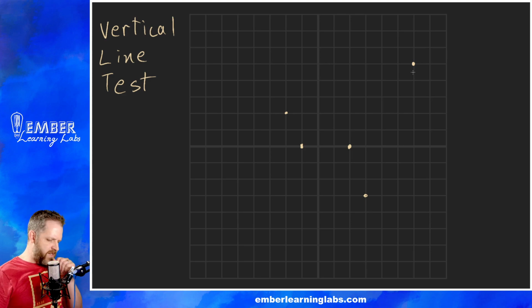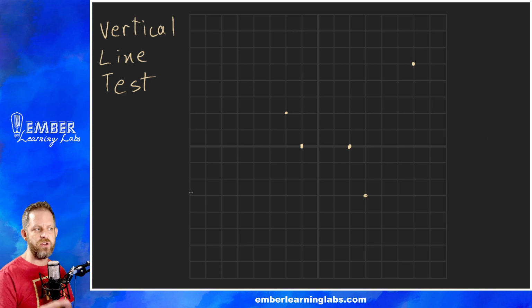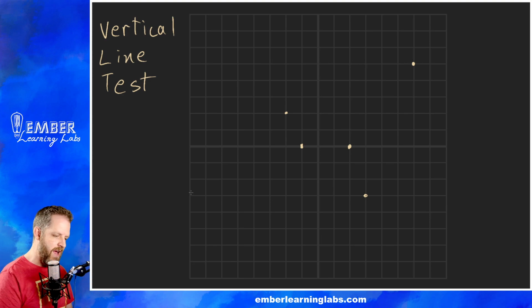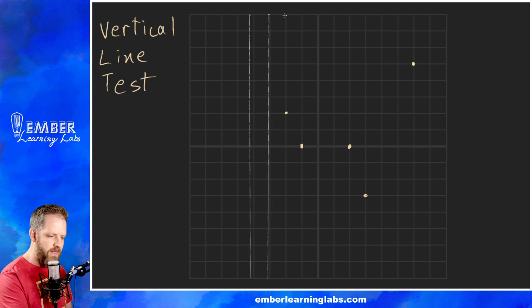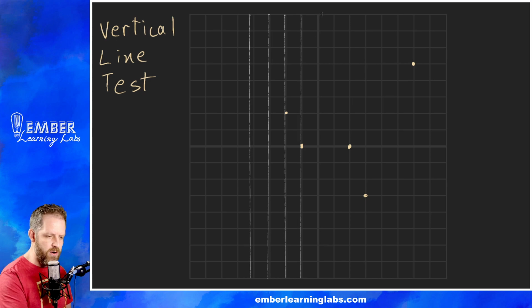If we're testing to see if these are functions, you can use your pencil or a ruler or whatever, and as you're passing a vertical line, there should never be a place where this line touches the dots more than once. So see right here, it's touching the dot, but it's only touching one dot. So that's okay. And then we keep on going.